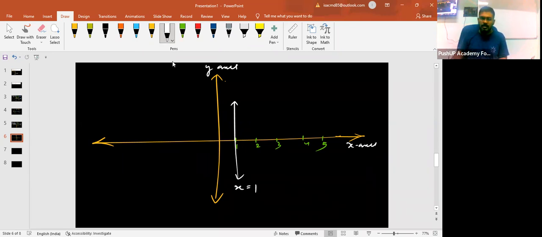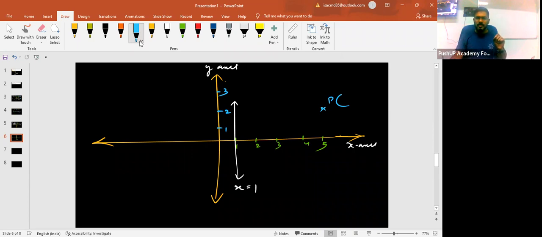X is equal to what? 1. Imagine I am giving you a point over here, point P, whose coordinates are, I'll take this as 1, this as 2, 1, 2, 3, and so on.